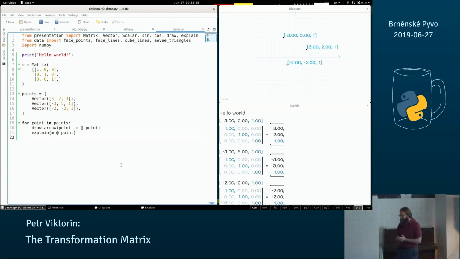One of the interesting things is zooming. So to zoom the picture in, I need to do what? If I want to zoom this point away from the origin, I would need to move it in this direction.